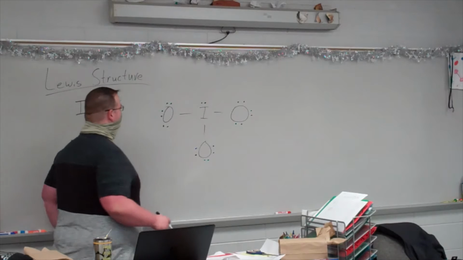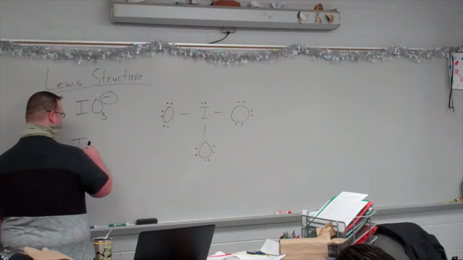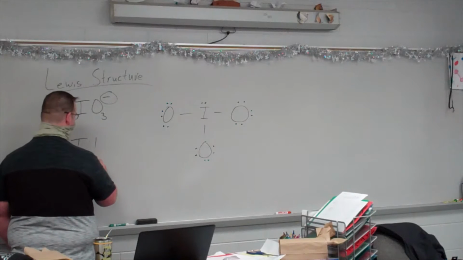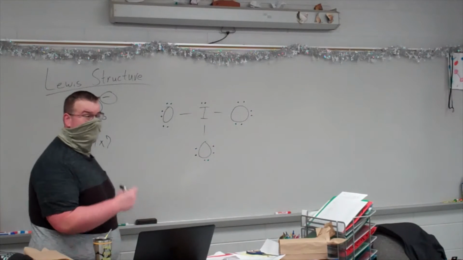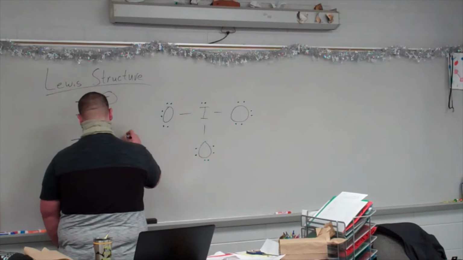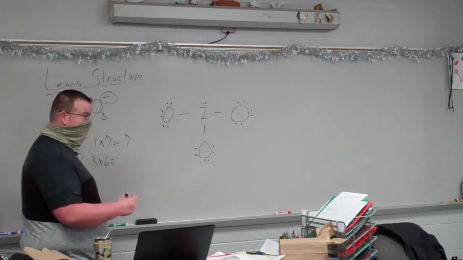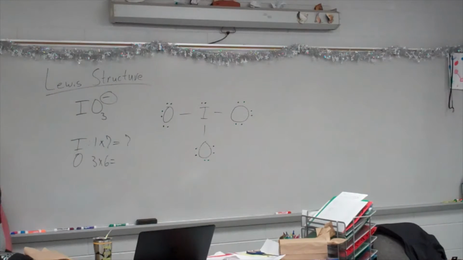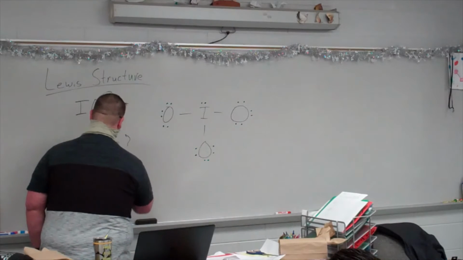Okay? So we count up how many electrons we have to show. We have 1 iodine and 3 oxygens. 7 valence electrons for iodine, we know that because it's in the 17th column. 1 times 7 is 7. 3 times 6, because each oxygen has 6 valence electrons, we know that because it's in the 16th column. 3 times 6 is 18.